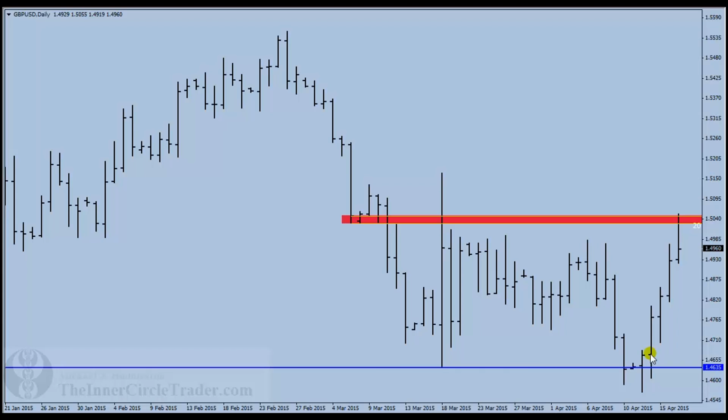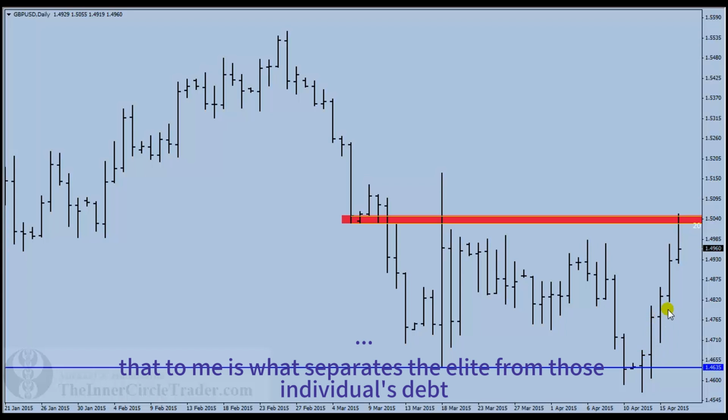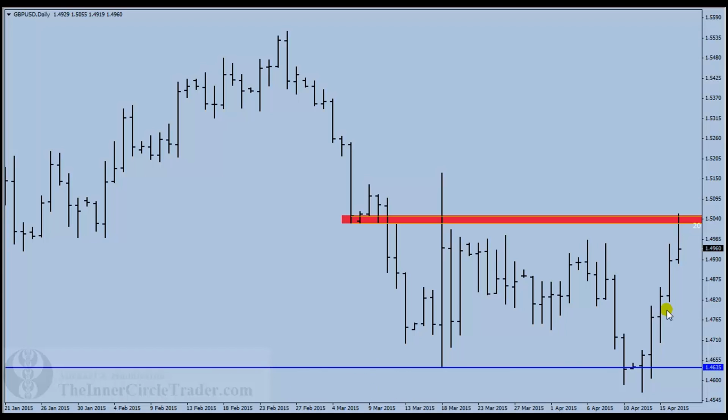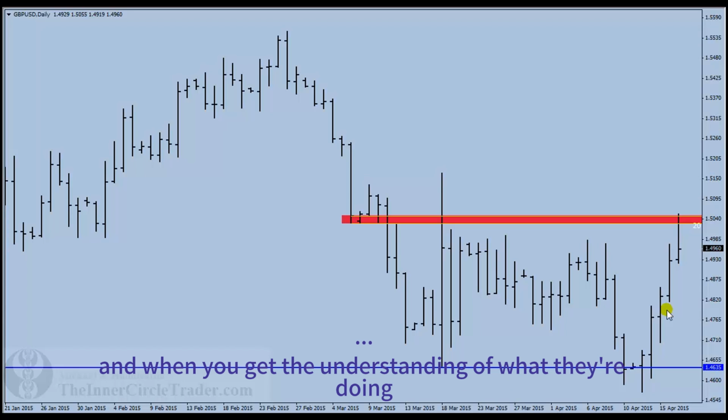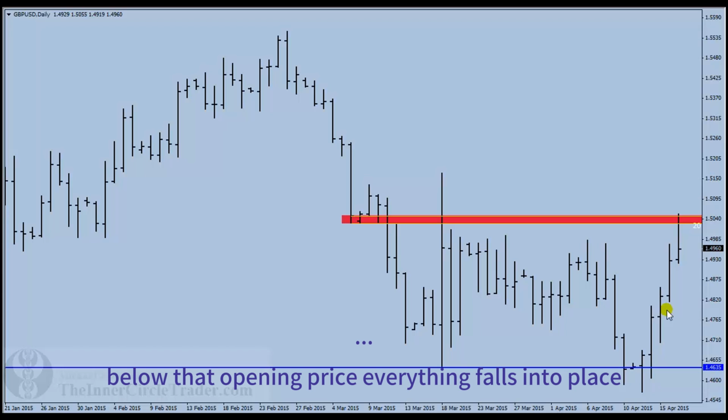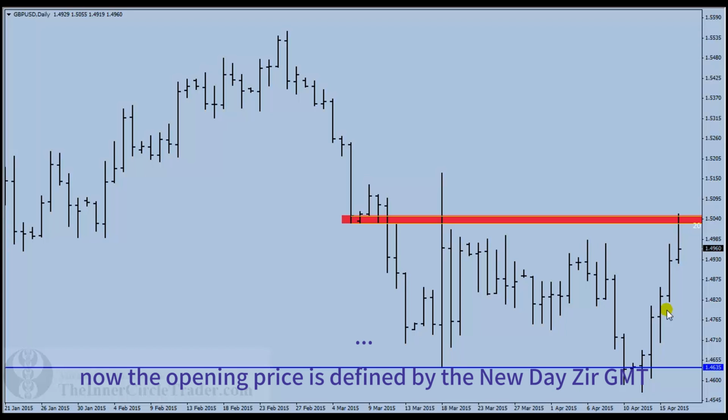Now, the opening price is defined by the new day, 0 GMT, and this is the real important one for me, midnight New York time. Now, I'm not going to argue with everyone around the world that wants to say that's not the new day, okay, but I've already shown many, many times how midnight, if you look at the opening price on the midnight candle, New York time, that to me is like the bones, if you will.